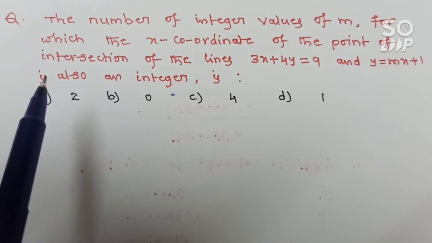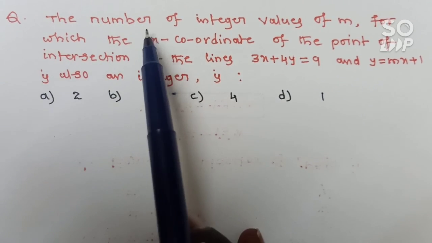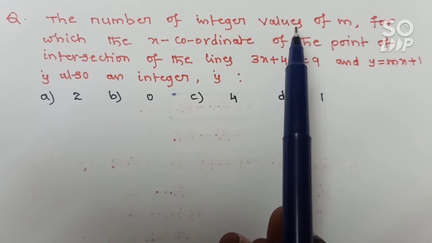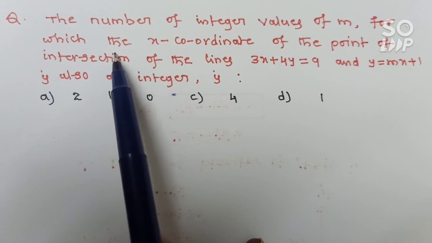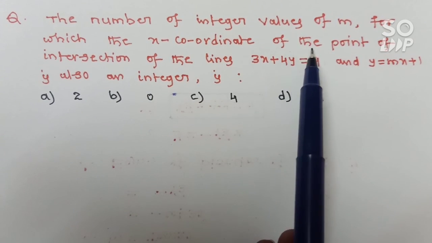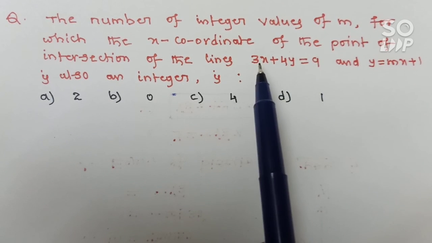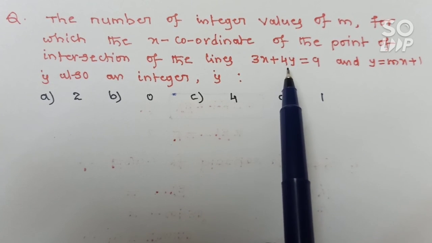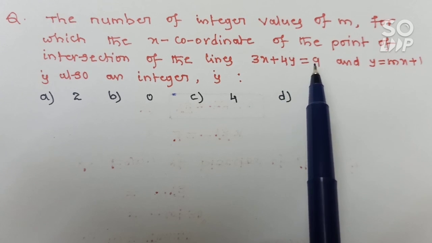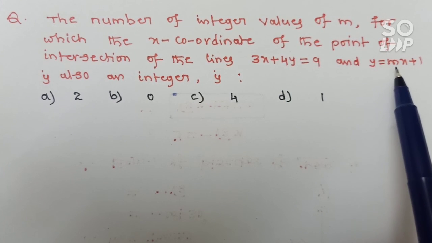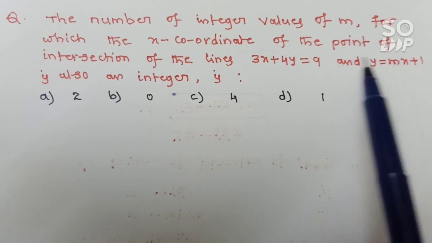See, in this problem, the number of integer values of m for which the x coordinate of the point of intersection of the two lines is also an integer. One line is 3x plus 4y is equal to 9 and the other line is y is equal to mx plus 1.